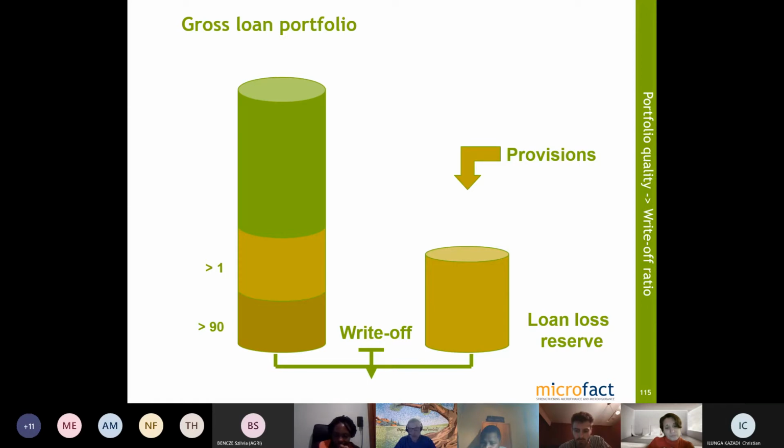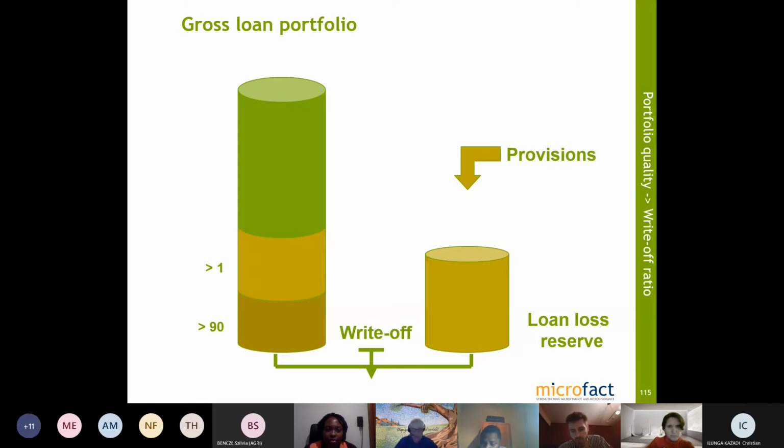Some even take clients to court. It might be possible that there is a way of doing so at court. And when that client pays back, the cash money finally comes in, but it was not expected anymore, so it's considered an extraordinary income.